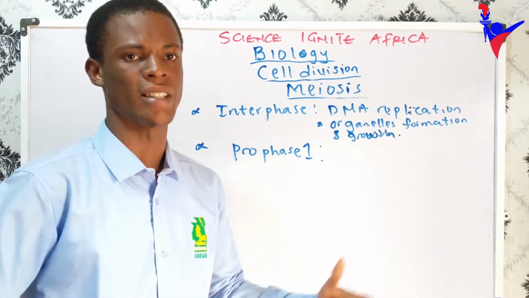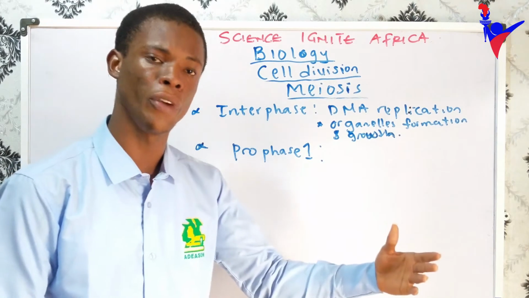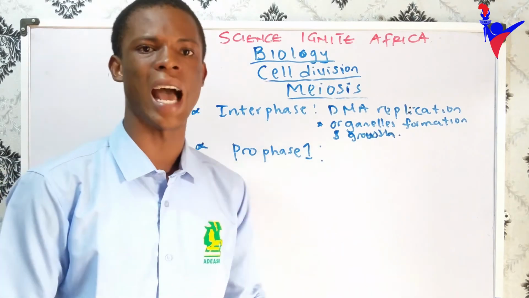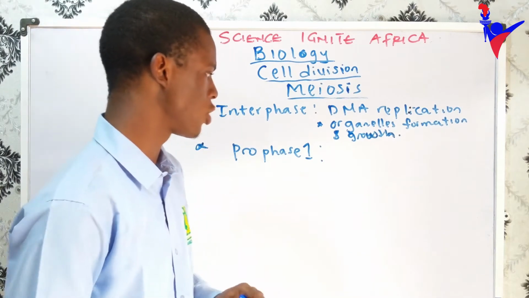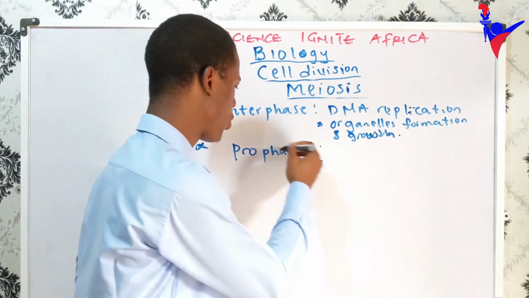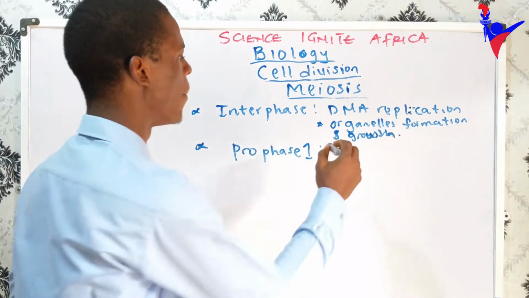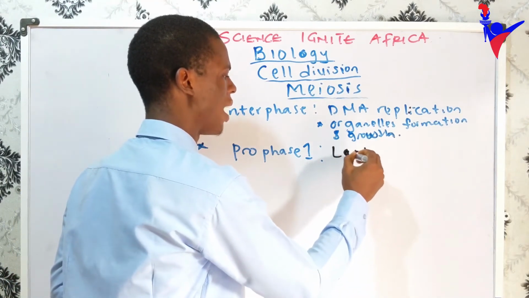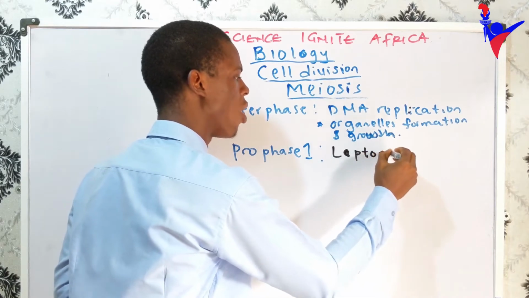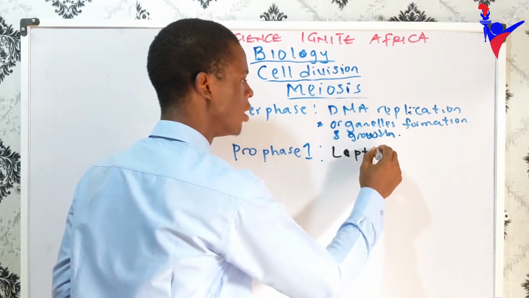In some texts, it is divided into early prophase, middle prophase, and late prophase. But I want you to take note that the prophase 1 stage is characterized by the stages I'm putting on the board here: the leptotene.